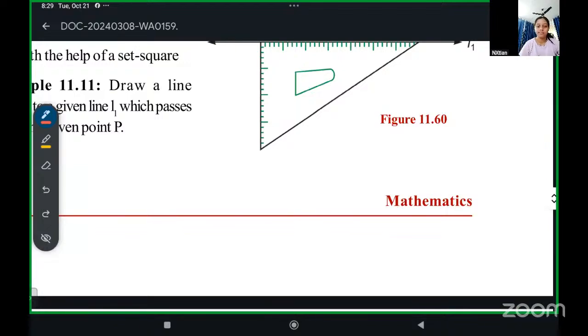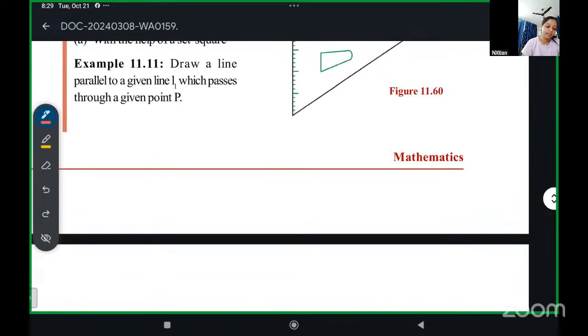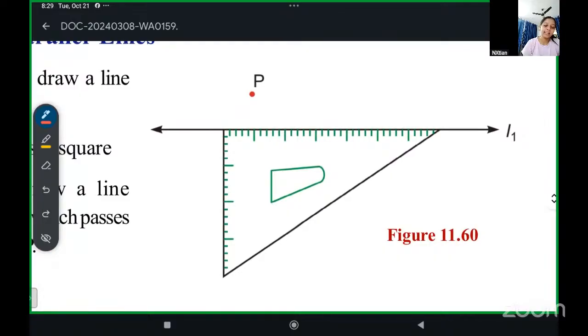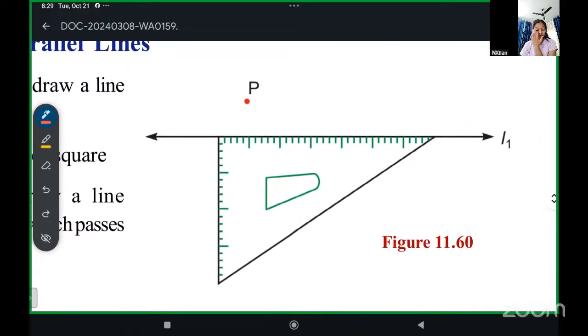Bottom line L1, top line L2. Okay, ma'am. Now, in the bottom line L1, place your set square like this, with the longest edge on the line. Yes, ma'am.